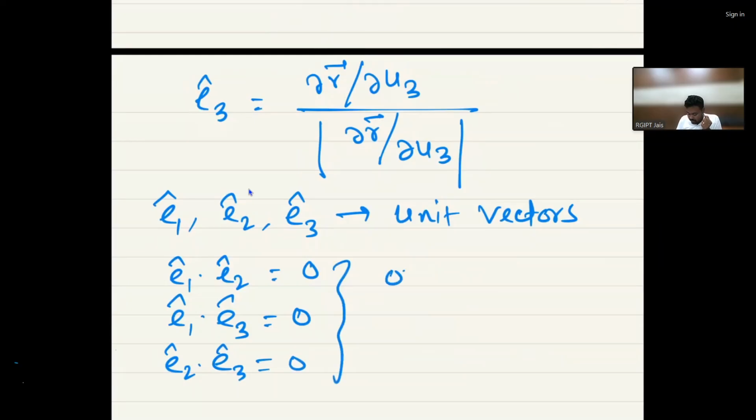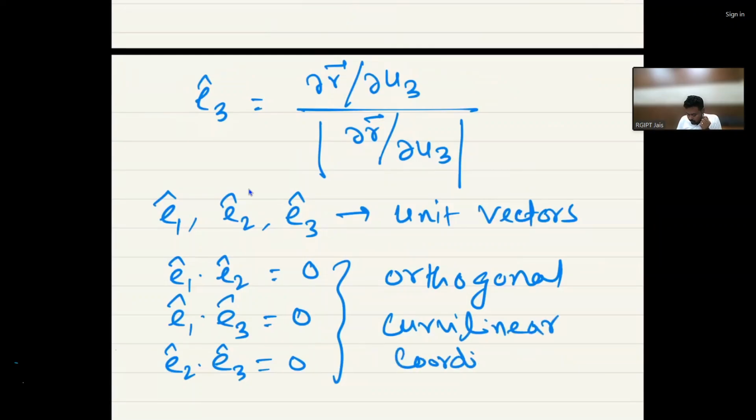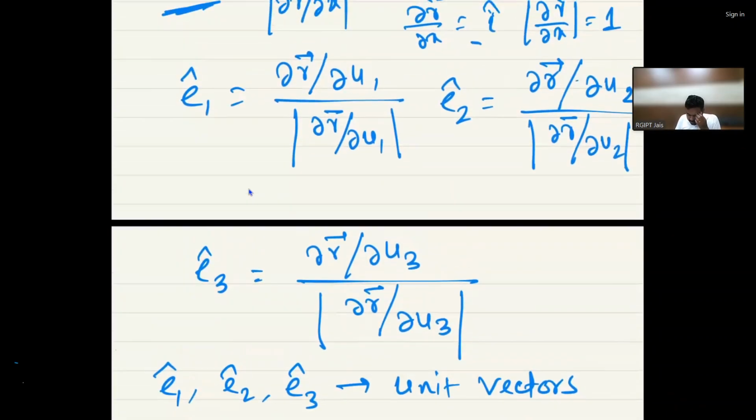That means this is an orthogonal curvilinear coordinate system. So we are defining these just in terms of the position vector: del r by del U1 divided by mod of del r by del U1 for E1 cap, and similarly for E2 cap and E3 cap.